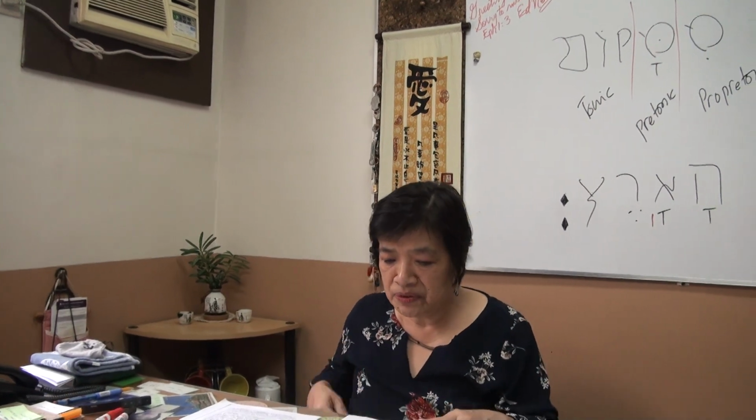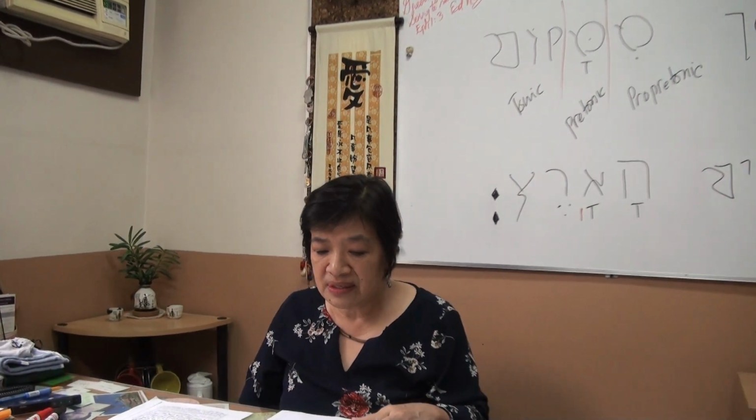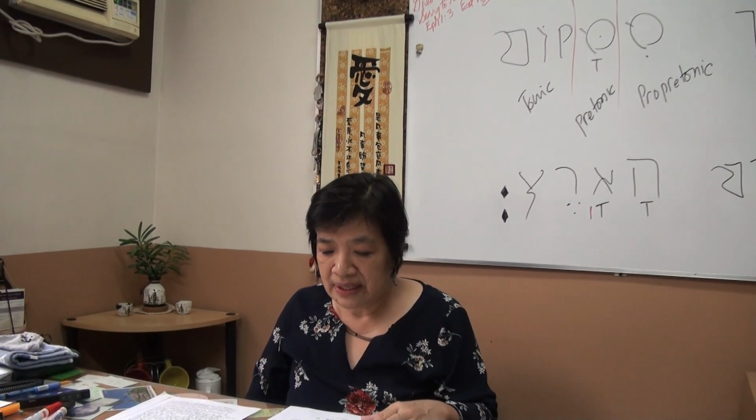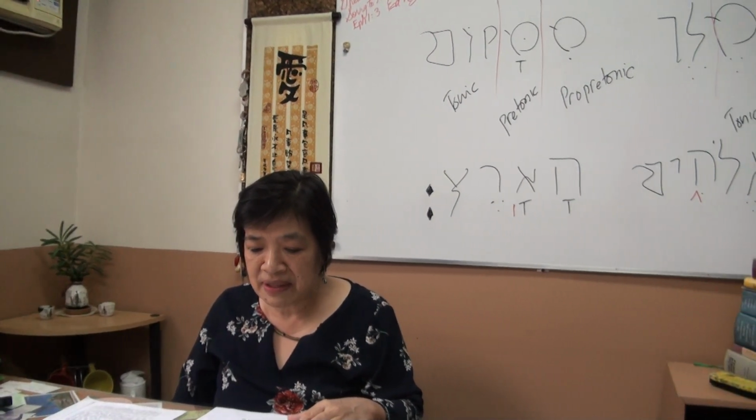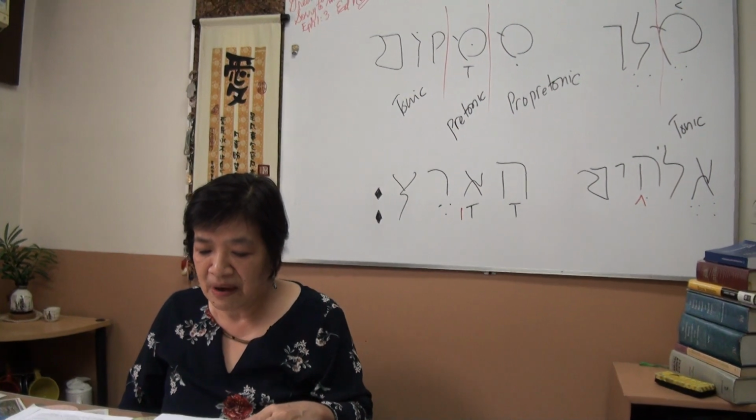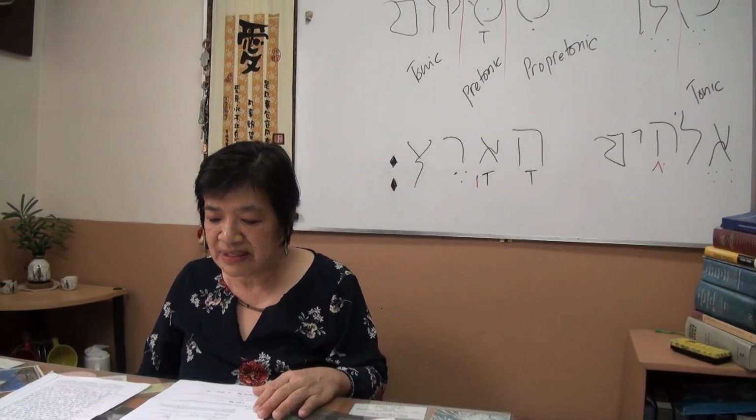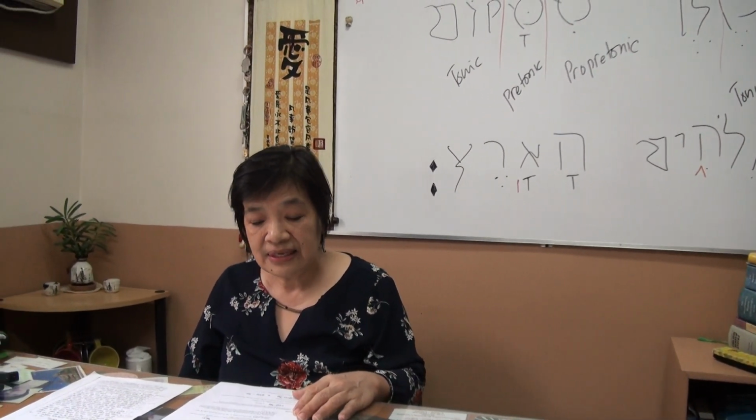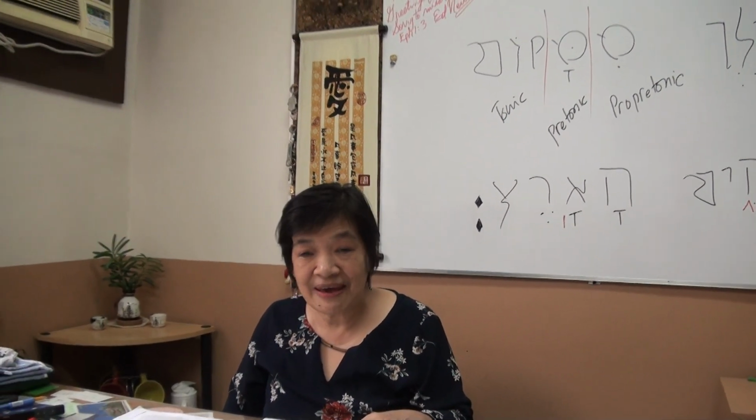On your notes, you have the word akela. It has a metheg. With the metheg, the vowel is a long A and the word is divided as akela, which means she ate.